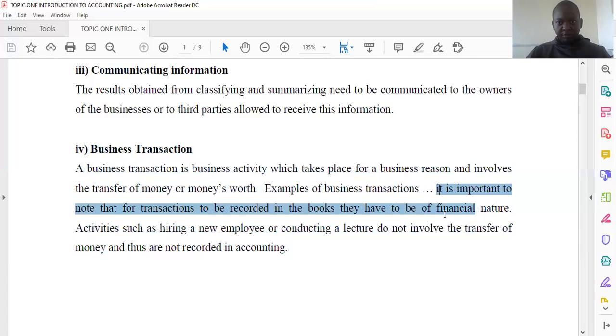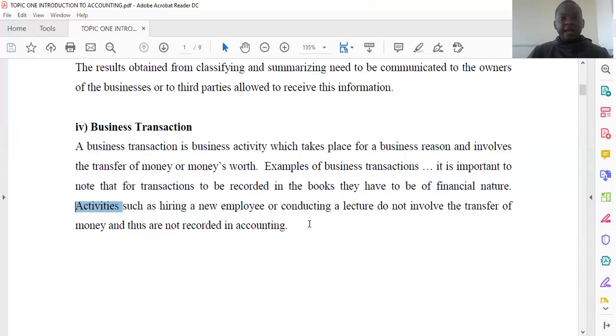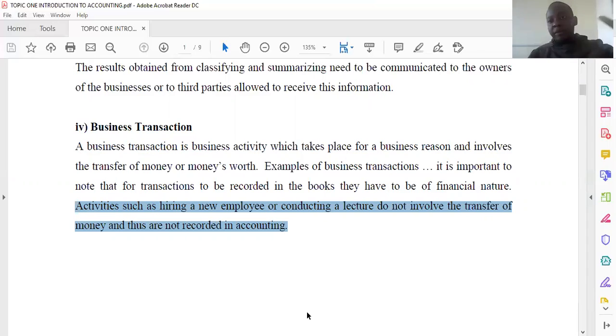It's important to note that transactions to be recorded in the books of accounts have to be of a financial character. So activities such as hiring of a new employee or conducting a lecture that do not involve the transfer of money are not recorded in accounting. They can be recorded by another professional. Like I've said, the human resource manager will record the hiring of a new employee.